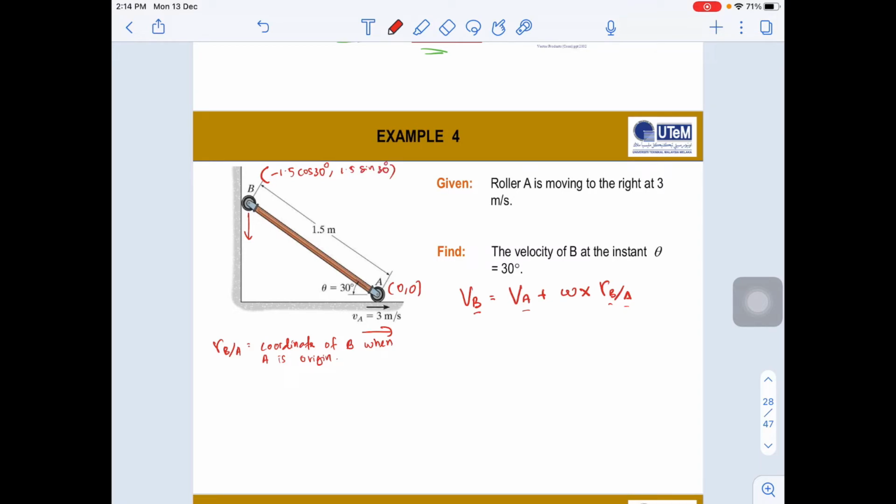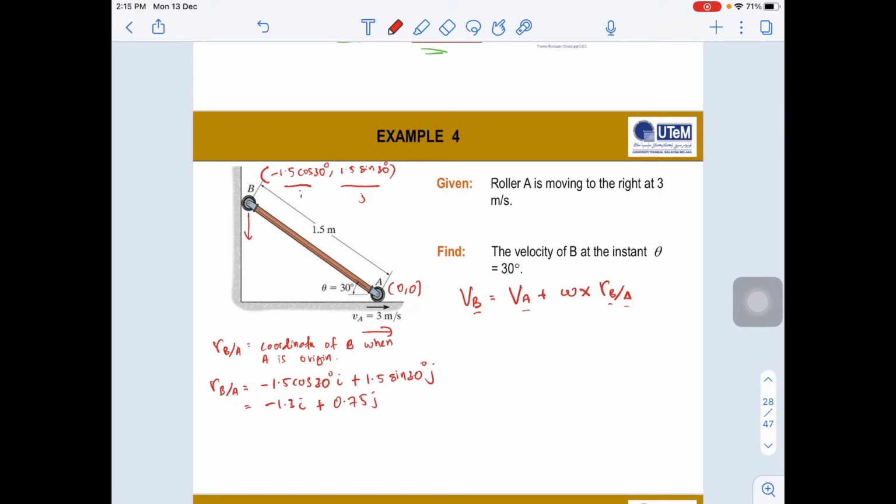So RB/A is minus 1.5 cos 30 degrees I plus 1.5 sin 30 degrees J. At the front is I, at the back is J, X and Y. Simplified, using your calculator: minus 1.3 I plus 0.75 J.